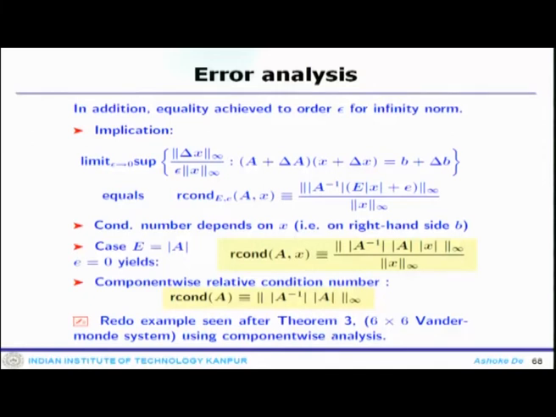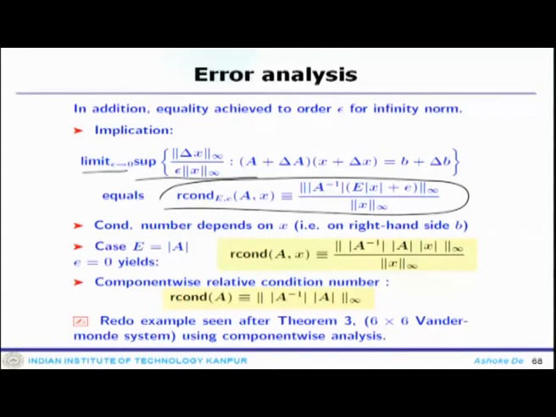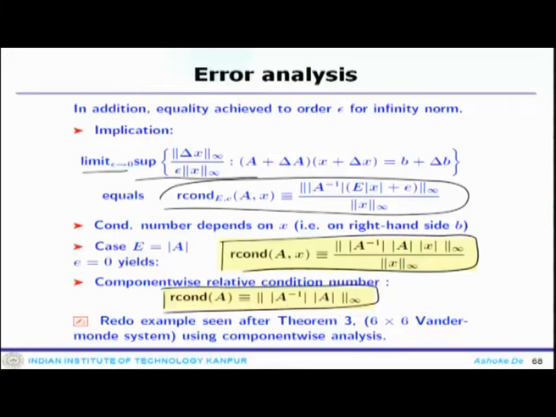Now, in addition to that, for the infinity norm, the implication is that if you take the limit of that whole theorem, you get back the condition system, and the condition number depends on x and all these things. The relative condition number would be defined by the magnitude of A inverse, the magnitude of A, and the norm of that at the infinity level.